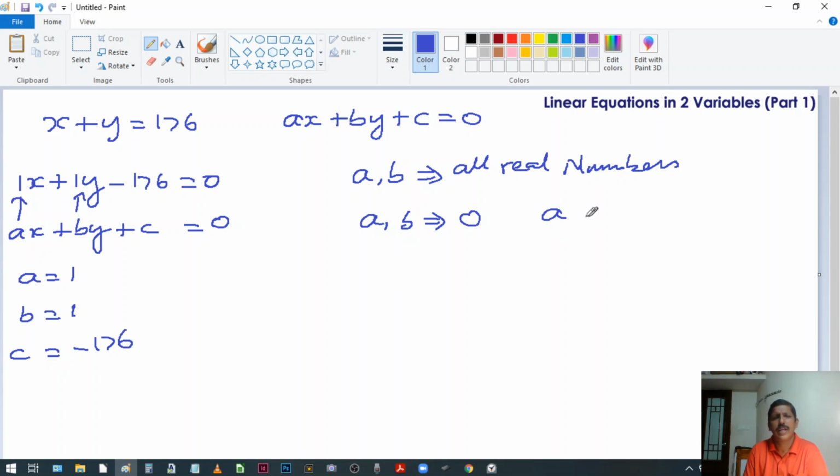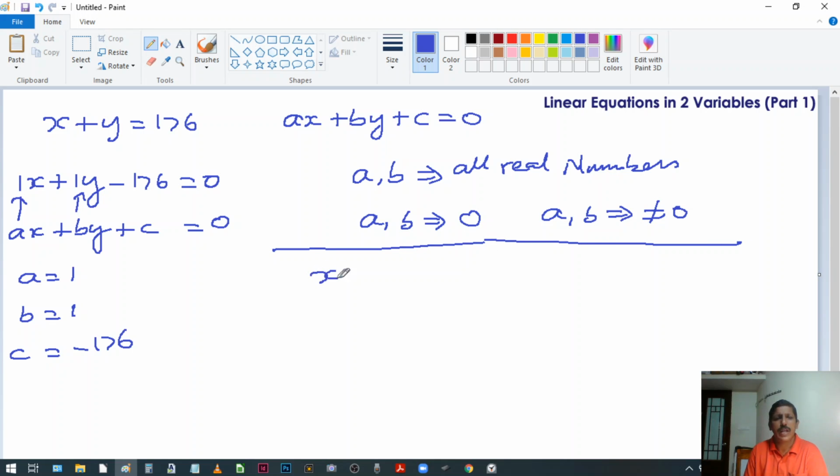We write it as a and b cannot be 0 at the same time. If a is 0, b can be some other value. If b is 0, then a can take any other value. Not together.